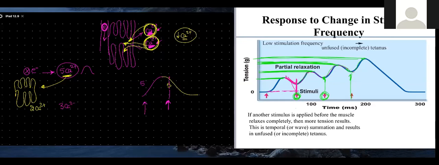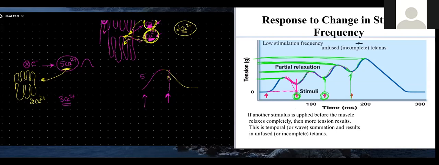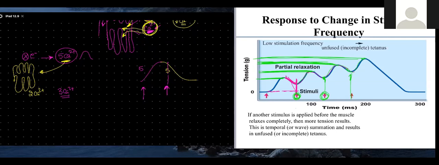So how many calcium would I be having outside if you only did allow 2 to move back? Here, I did allow only 2 to move back. So I still have 3 outside.